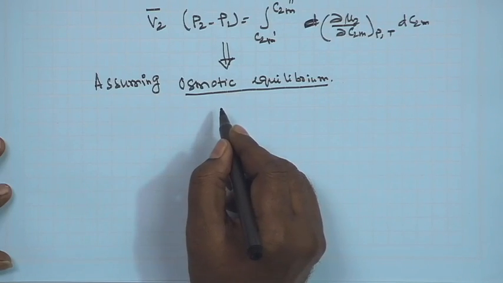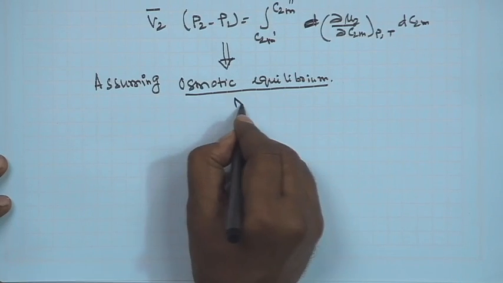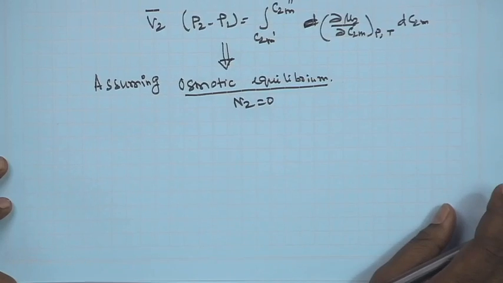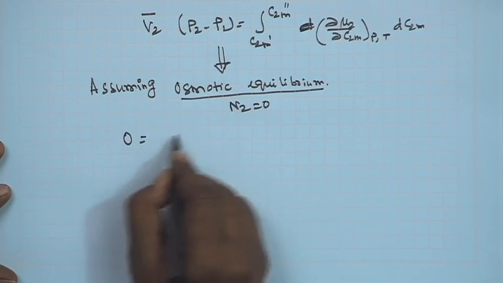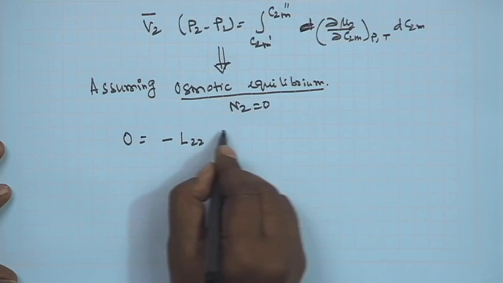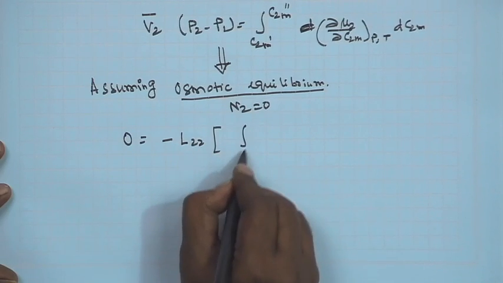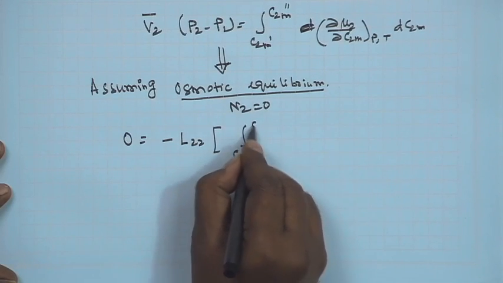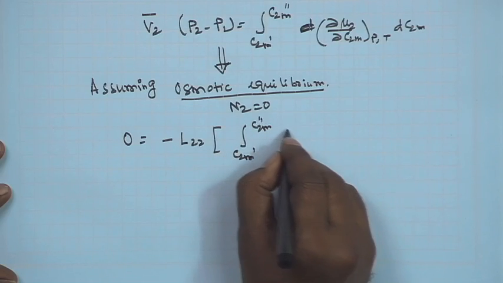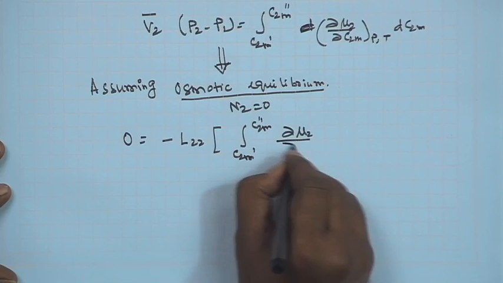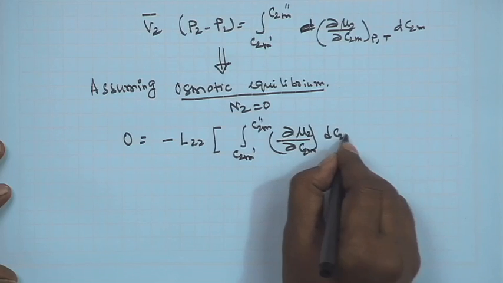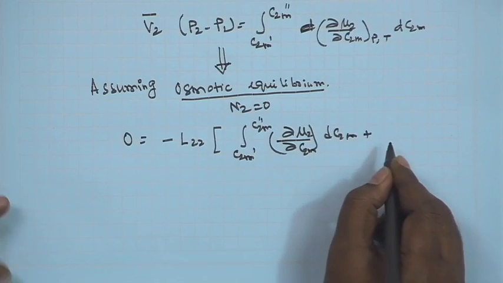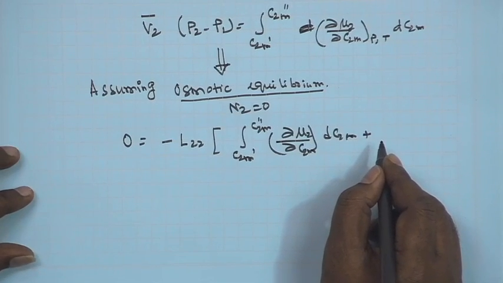When the osmotic equilibrium is reached, N2 is equal to 0, and in the above expression we can put 0 is equal to minus L2 to the integral from C2m prime to C2m double prime of del mu 2 del C2m dC2m plus del mu 2 del p.